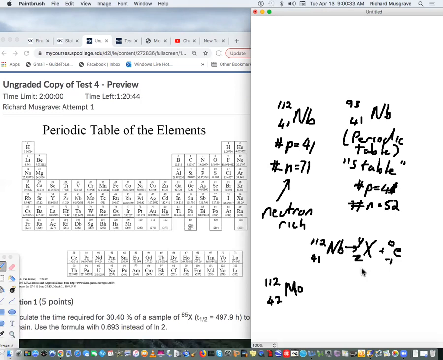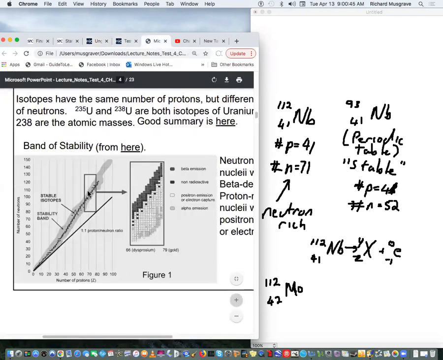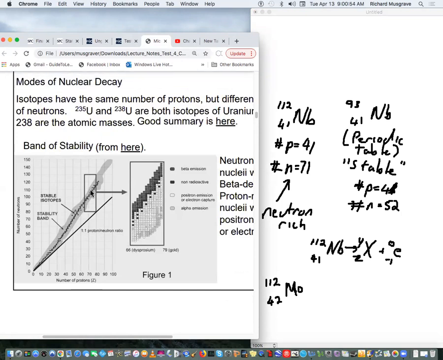Is that clear, Katie? And therefore more stable. Yeah, that's right. Because ultimately the whole point of this is that whatever element we're talking about is going to get closer to this band of stability by doing that. Do you see what I'm saying?